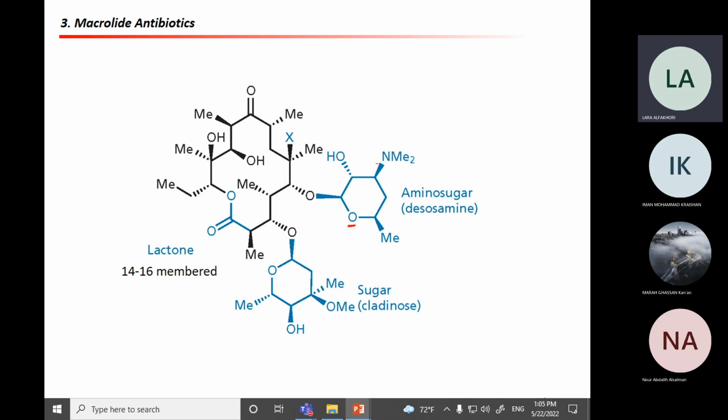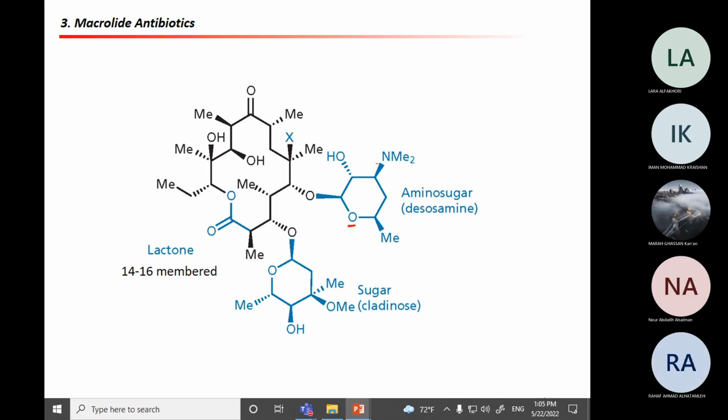Do you think this compound is an ionizable compound? What is the ionizable functionality in its structure? Yes, this dimethyl nitrogen, an aliphatic tertiary amine, has a pKa around 8, which means it can be ionized at physiological pH with a certain percentage.